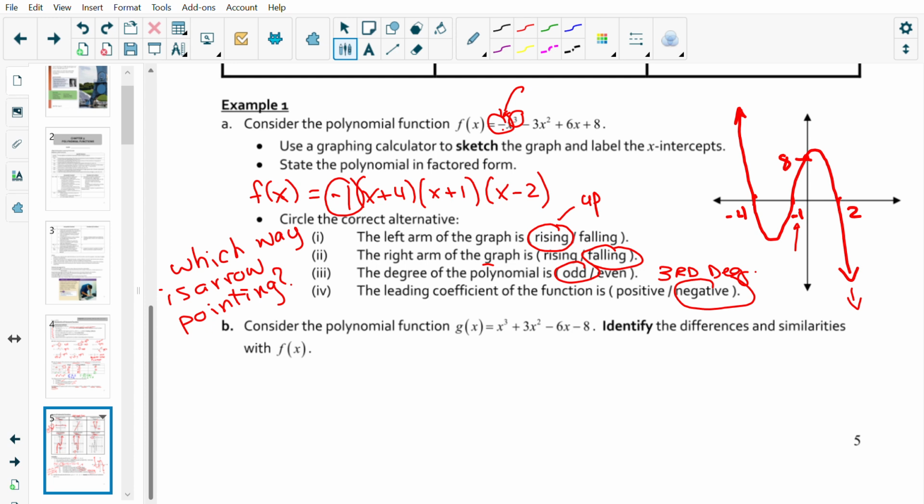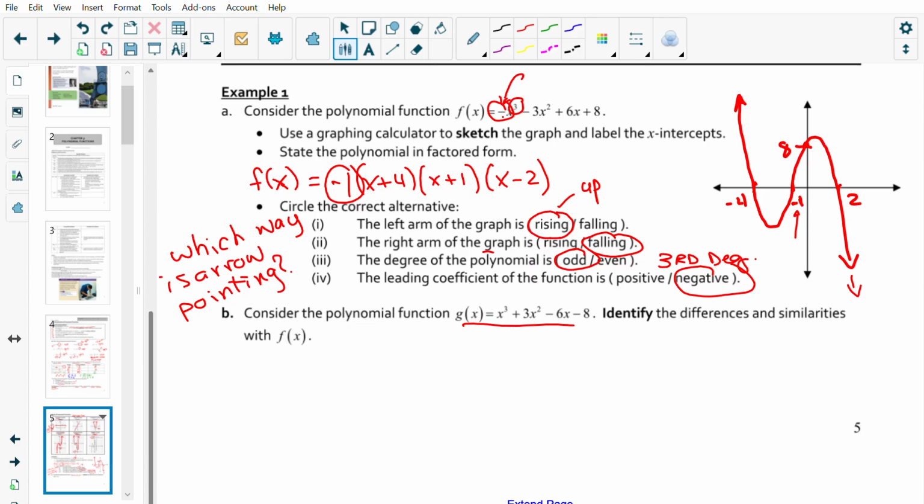Okay, letter B. Consider the polynomial function g of x equals x cubed plus 3x squared minus 6x minus 8. Identify the differences and similarities with f of x. So let's write these together. f of x equals, let me factor out that negative 1. And then here's g of x.